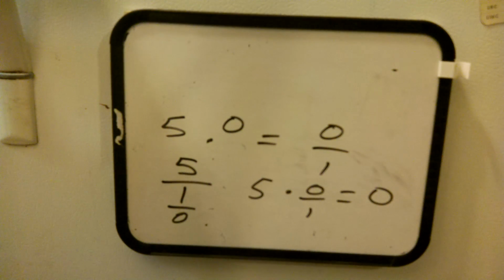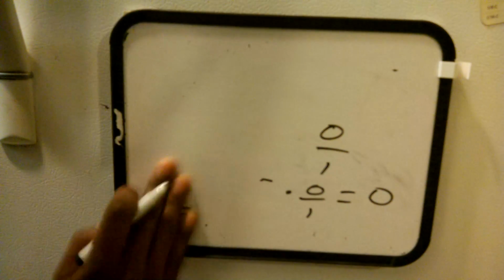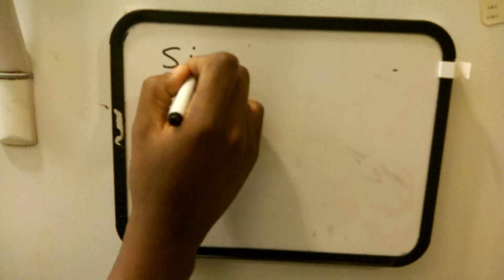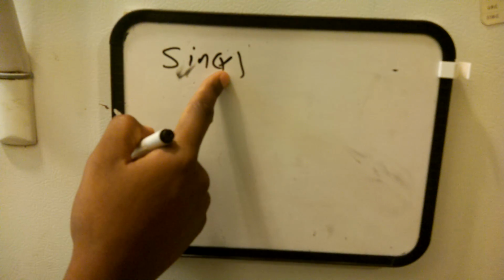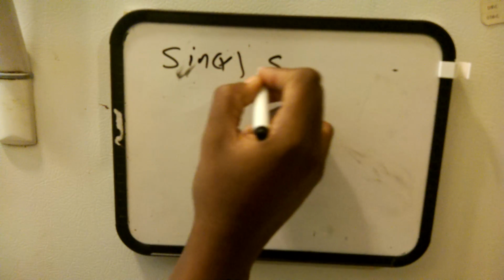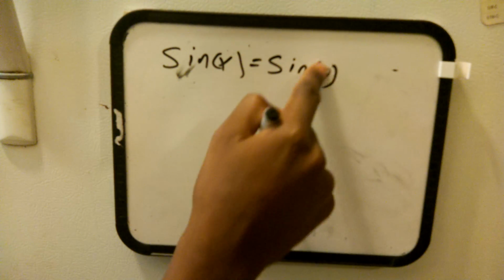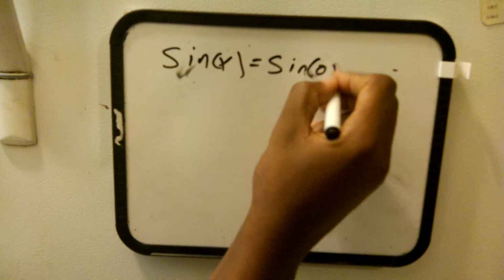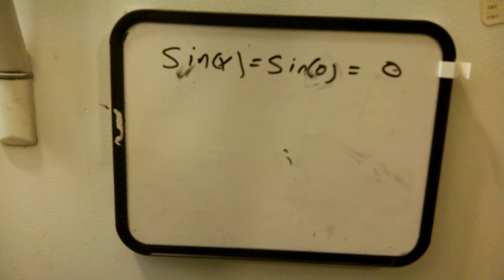And I'll give you another example. Another example is sine of x. If you put a 0 there for x, it'll be sine of 0. And the sine of 0 equals 0, right?